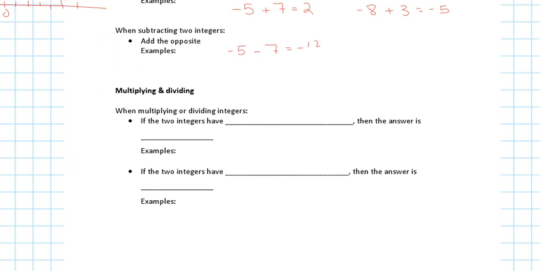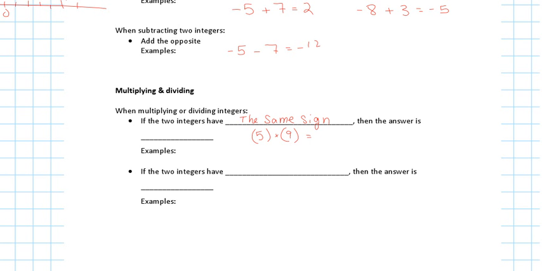So if the two integers have the same sign, then the answer is, okay, let me give you an example before we answer this question. Give me two integers that are positive. 5 and 9. So 5 times 9. What's 5 times 9? 45.